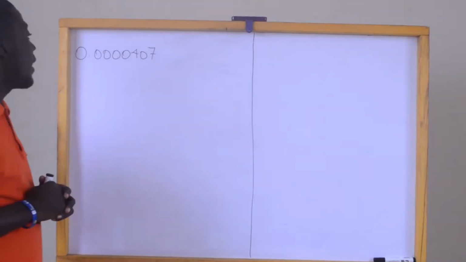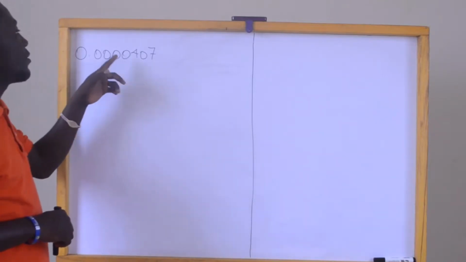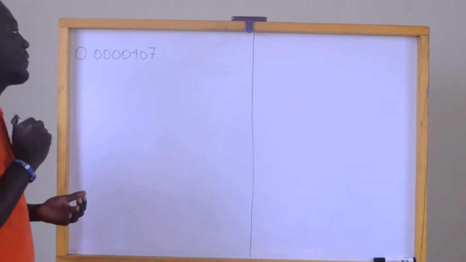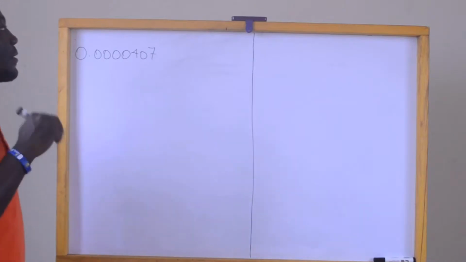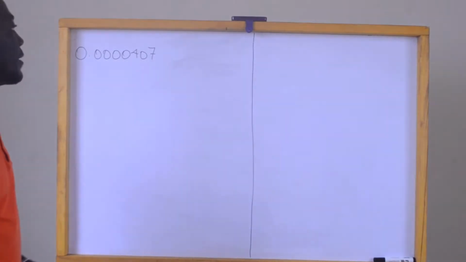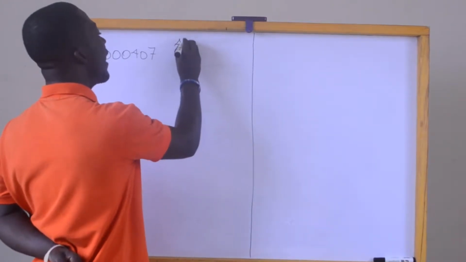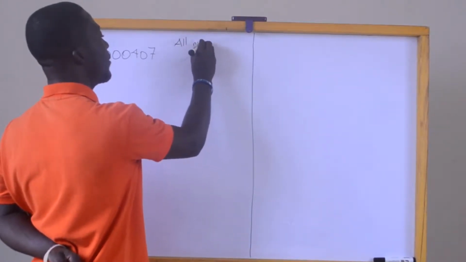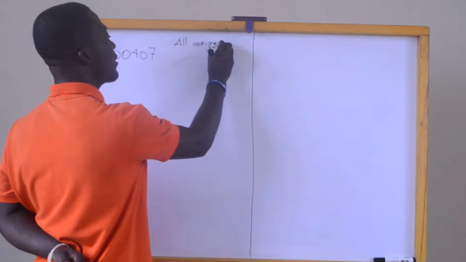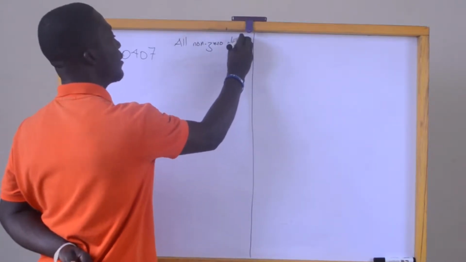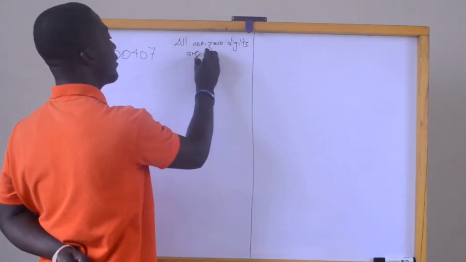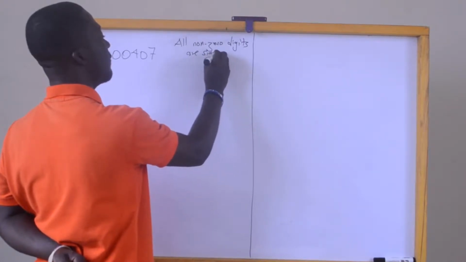We are to convert 0.000407 to two significant figures. The rules of significant figures state that all non-zero digits are significant.